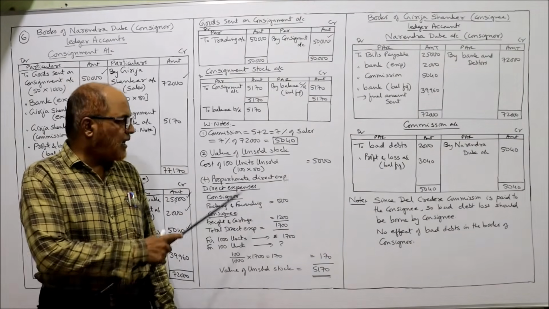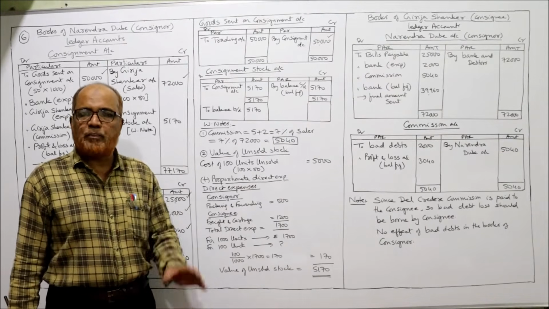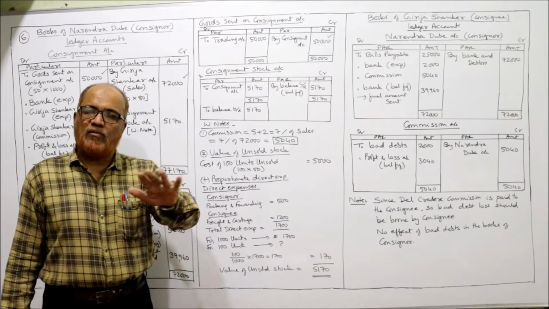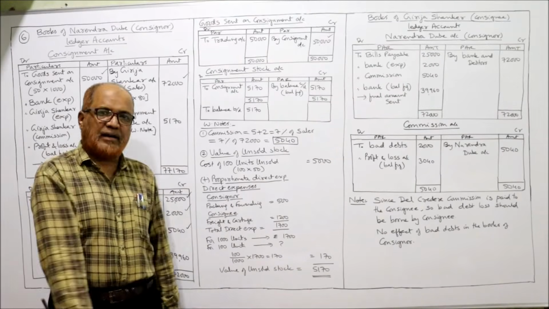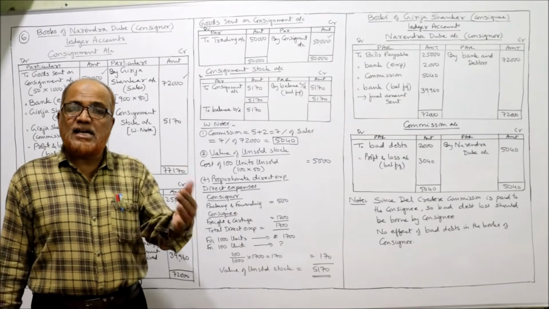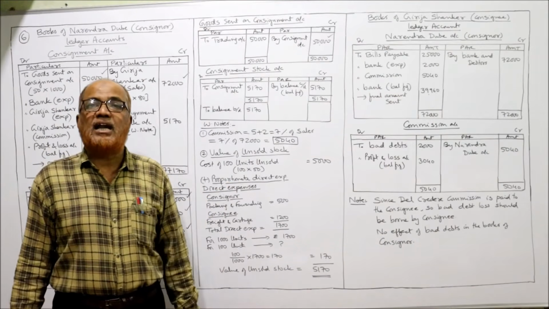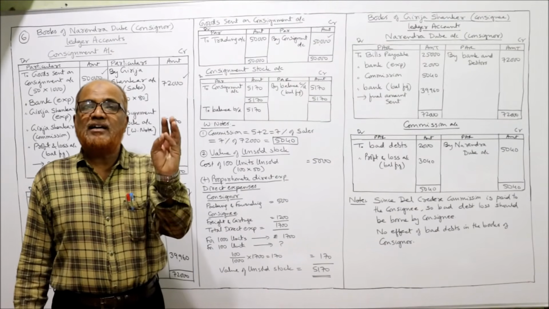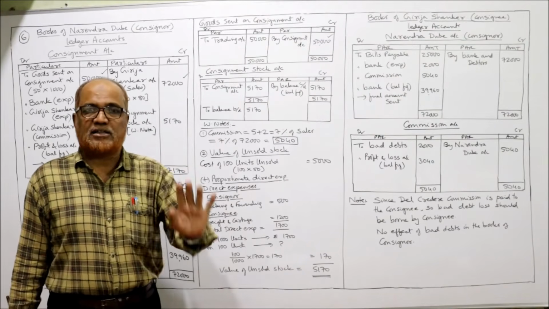To this we have to add proportionate direct expenses. Consignor expenses always will be direct. So consignor has spent packing and forwarding 500. That is direct. Consignee may incur direct or may incur indirect. So you have to decide which is direct. Freight and cartage paid by the consignee is direct expenditure.